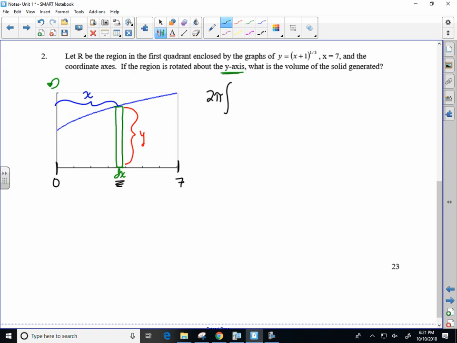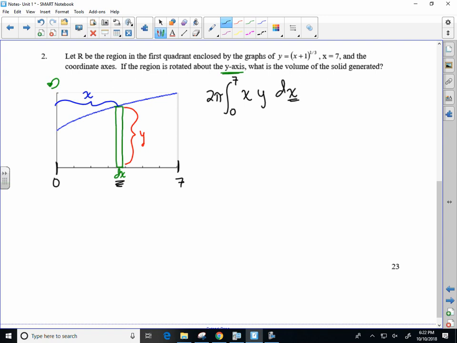If I were working with a dy, I'd be living in the world of y. So this is telling me that whatever my bounded area is, it has to be the bounded area with respect to x values. The p is the distance from the axis of revolution. So that's x. The height, h for height, that should be a little easier, is y, and then dx.